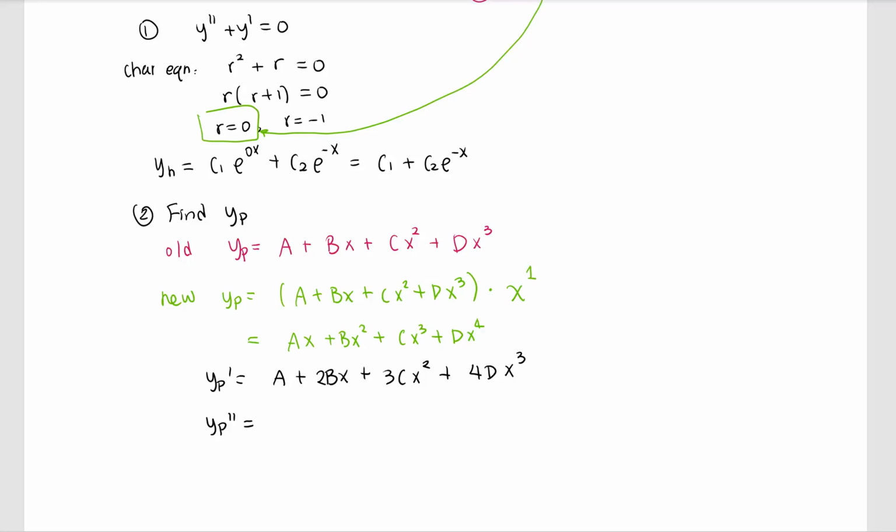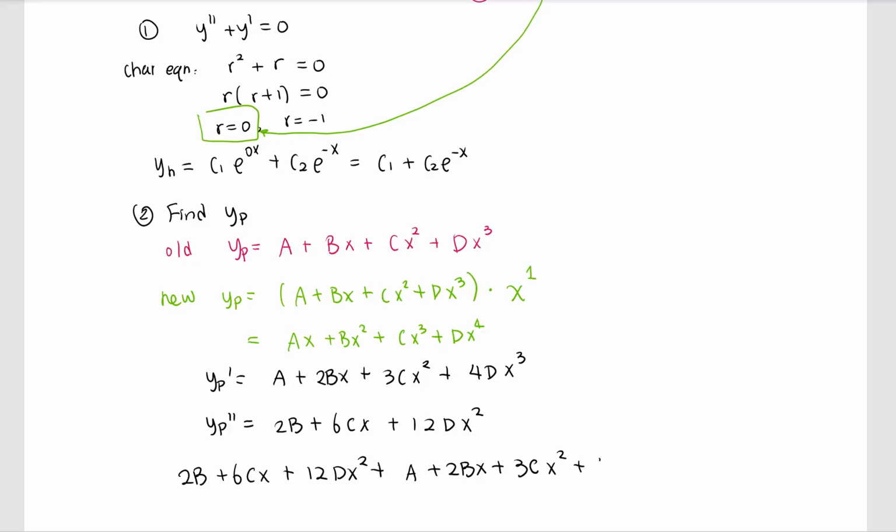So derivative of a is 0, then we have 2b, 6cx, 12dx squared. So plug into our differential equation, we get 2b plus 6cx plus 12dx squared plus y prime: a plus 2bx plus 3cx squared plus 4dx cubed.